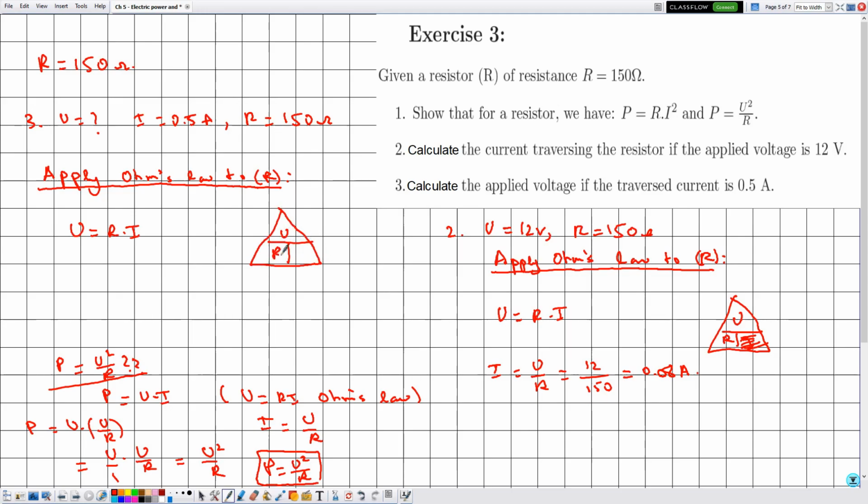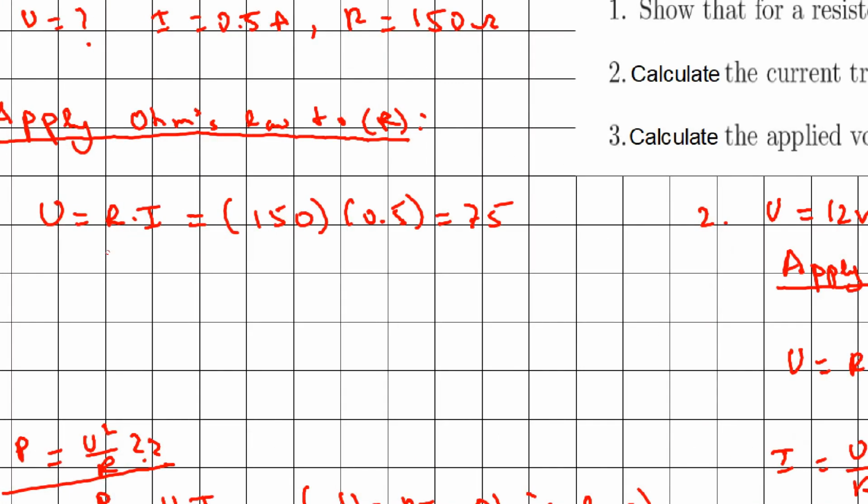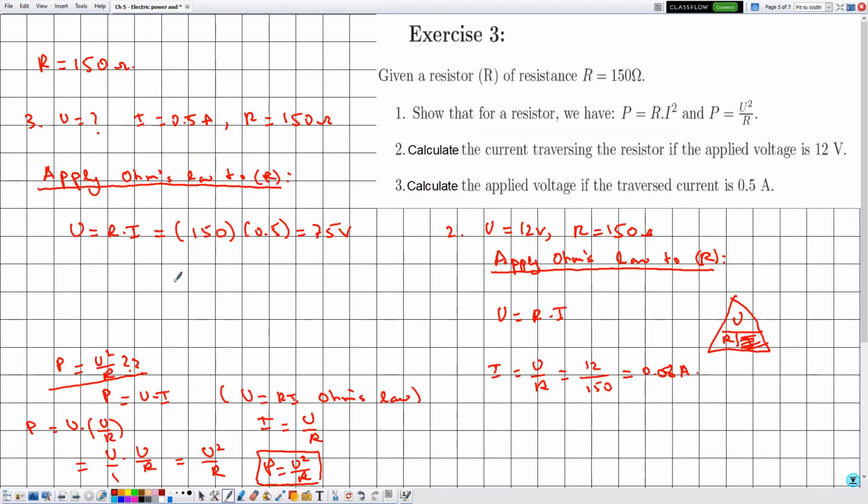No need to construct the triangle, because already this is the form that we need, since we need to calculate the voltage. 150 multiplied by 0.5. Plugging this on the calculator will give us 75. Since R is in the SI and I in the SI, the value of U will be in the SI, which is volts. Then U is equal to 75 volts.